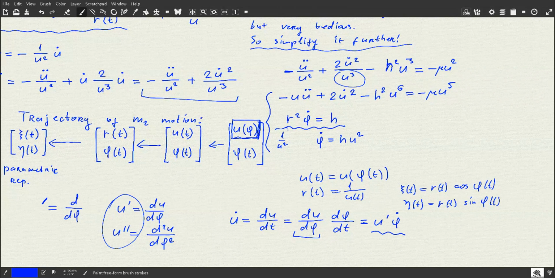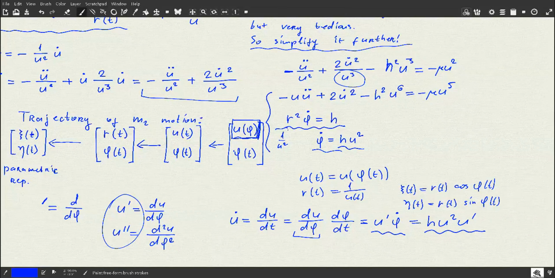And we know that phi dot is h times u squared. So we have h u squared u prime. Correct? Okay.